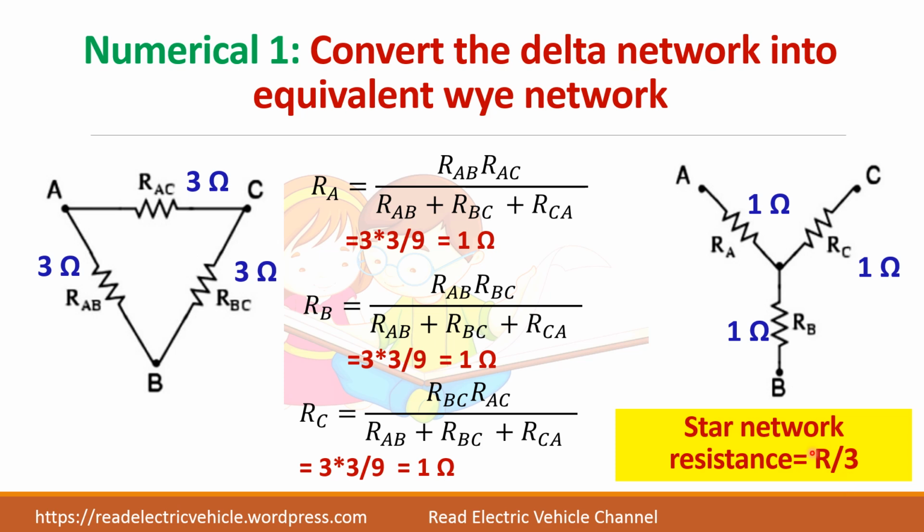That is, in this case 3 by 3 equal to 1. So remember, delta is a closed network, resistance will be high. When you are open in star, resistance decreases. So star means less resistance compared to delta.